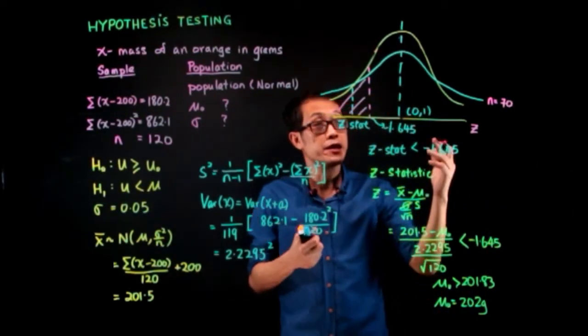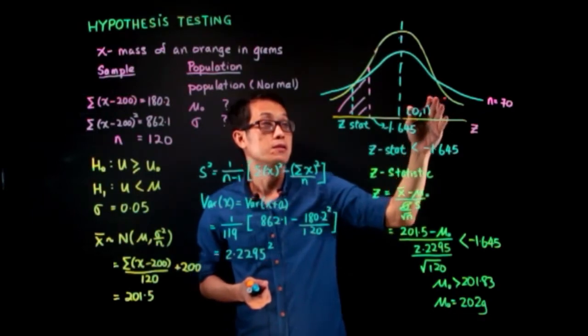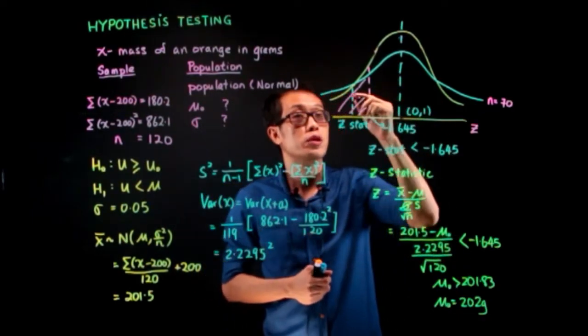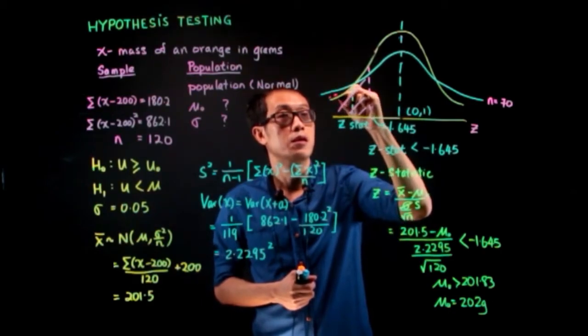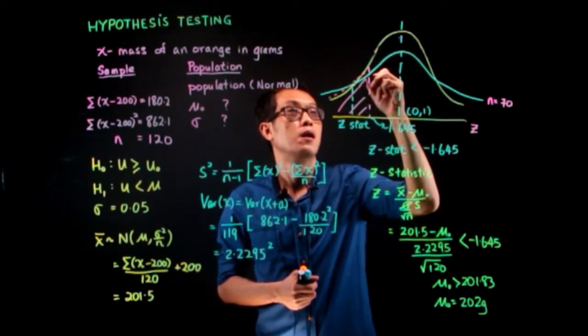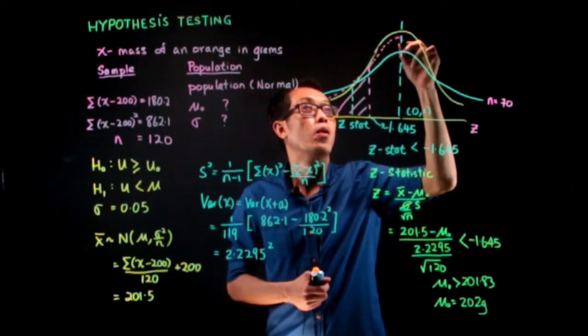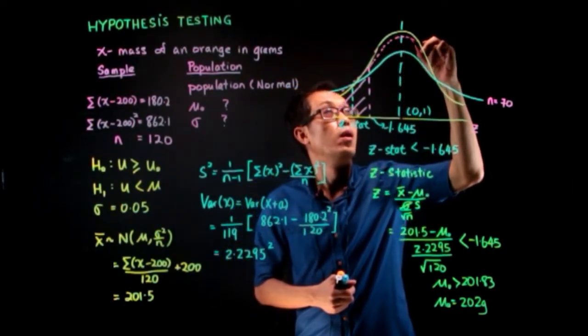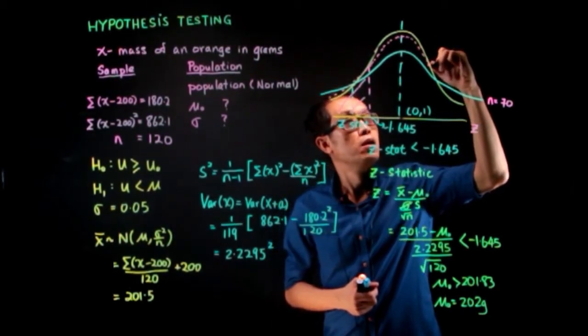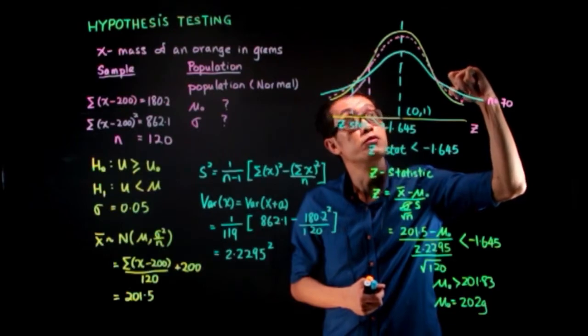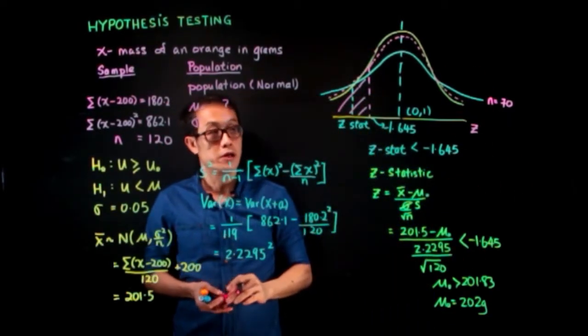As n increases, your t-distribution will become very close to the normal distribution. Will it be exactly the same? No. But it will be very close.